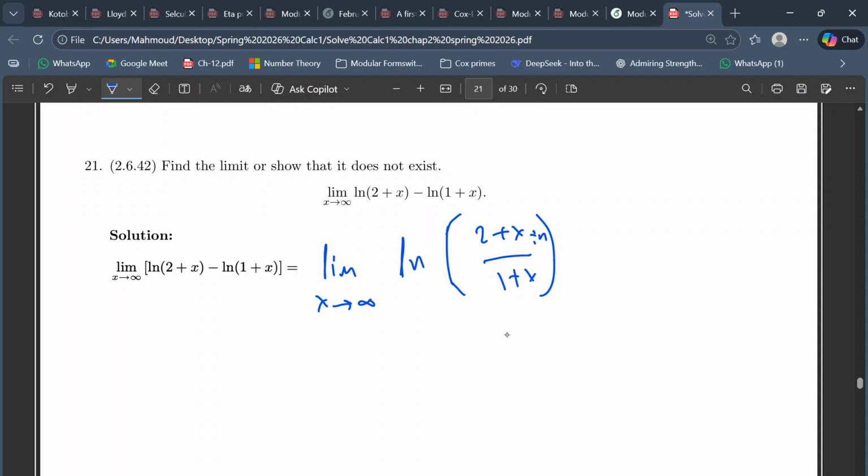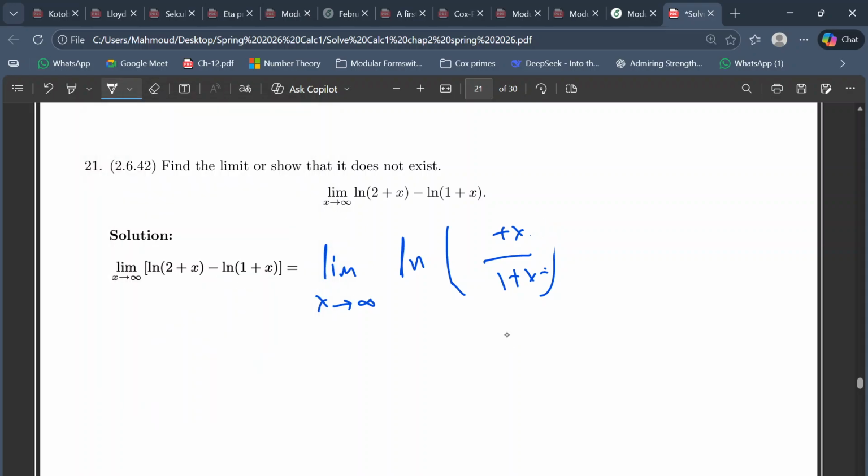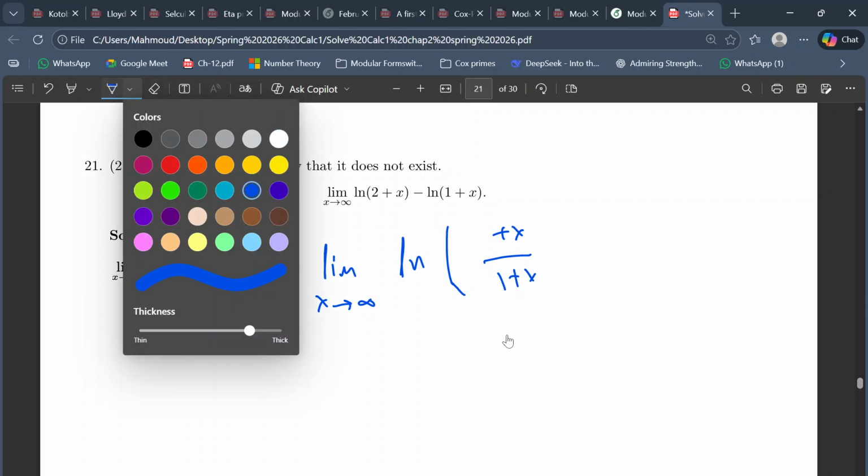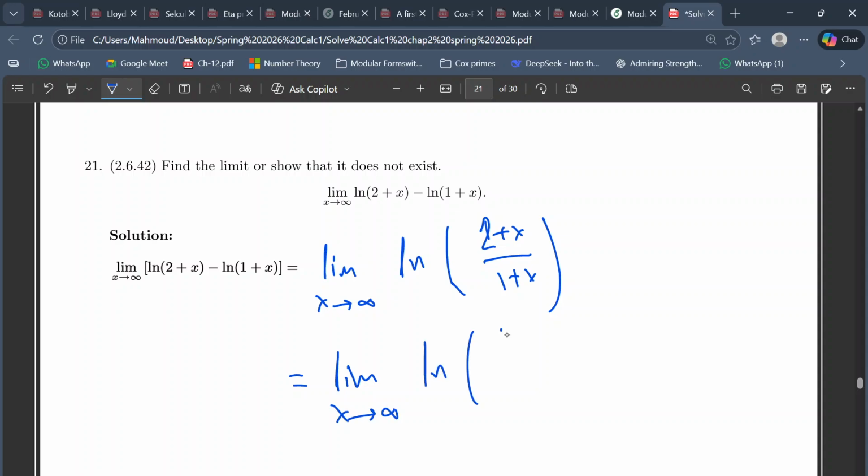So divide by x. I need to be careful here. Yes, now it's good. So this equals the limit as x goes to infinity of ln((2 over x plus 1) over (1 over x plus 1)), right?